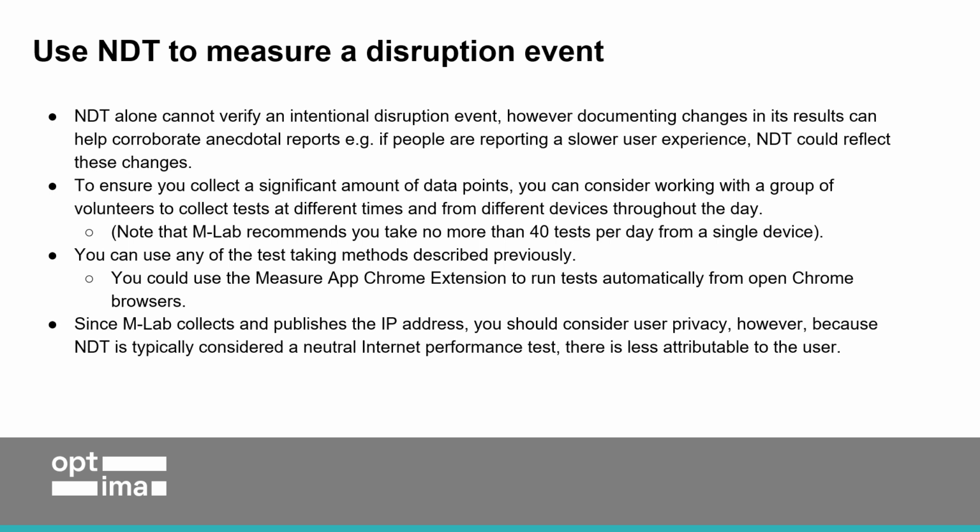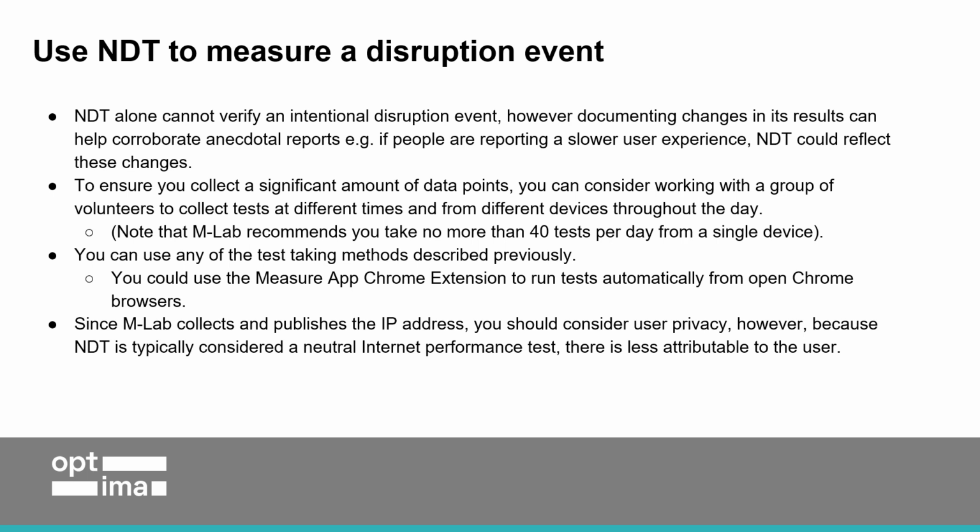And I think the key takeaway here is that you don't necessarily just have to depend on the data that's there and people taking tests at will. You can proactively organize around collecting this data and collecting more information about the people that are running this, such that you can say more specifically, these aren't just 200 random tests, these are 200 volunteers who have given us their device information, and we know that they're coming from these types of browsers and these types of operating systems.